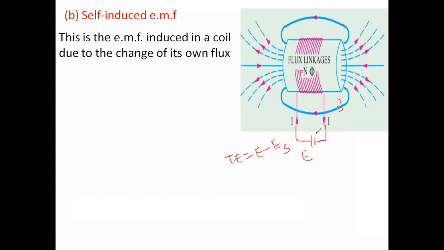So the applied current will change. The net voltage will be E minus ES. This is possible because of the self-induced EMF of the coil. Some of the coil's own flux also produces voltage in this coil. So this is the self-induced EMF.